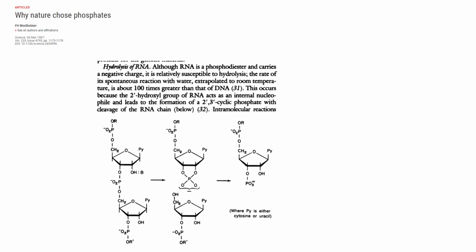The difference is that RNA can be hydrolyzed and cleaved and broken down 100 times faster than DNA, precisely because of the presence of that hydroxyl group on the 2 carbon that can allow it to react with a phosphate anion to come in and break that RNA chain.